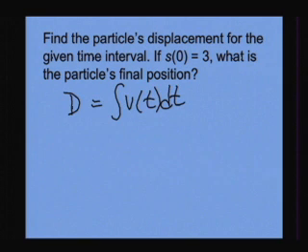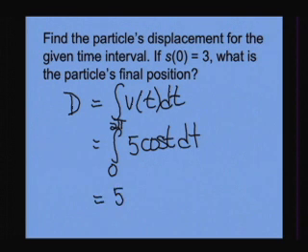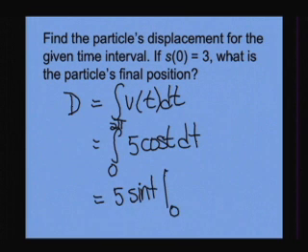So in this particular case, we are going to have the integral from 0 to 2 pi, because that's the interval we're looking at, of 5 cosine t dt. And when we integrate that, of course, we get 5 sine of t evaluated from 0 to 2 pi.